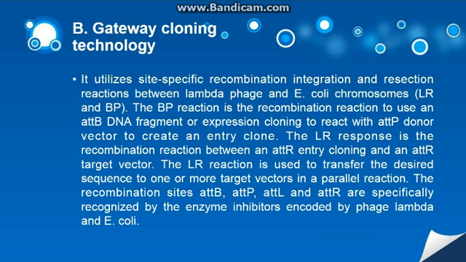The LR reaction is the recombination reaction between an attL entry clone and an attR destination vector. The LR reaction is used to transfer the desired sequence to one or more destination vectors in a parallel reaction. The recombination sites attB, attP, attL and attR are specifically recognized by the enzymes encoded by phage lambda and E. coli.